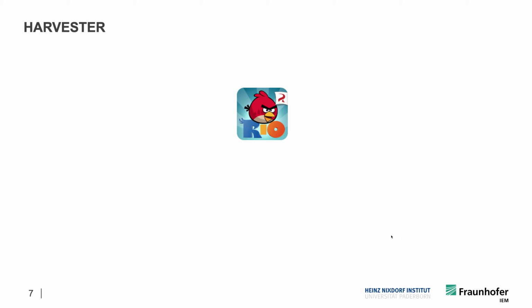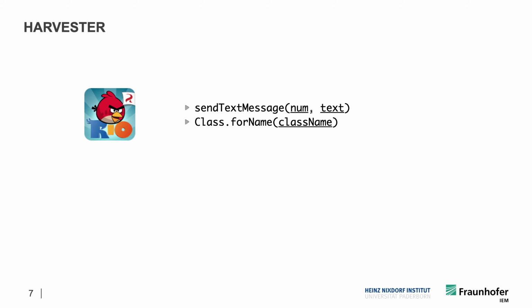So the basic idea behind Harvester is as follows. You take an Android app such as this one. I think that was Angry Birds back then. And then this app actually has some API calls that are of interest to us, right?